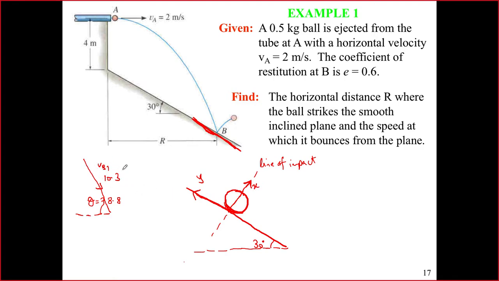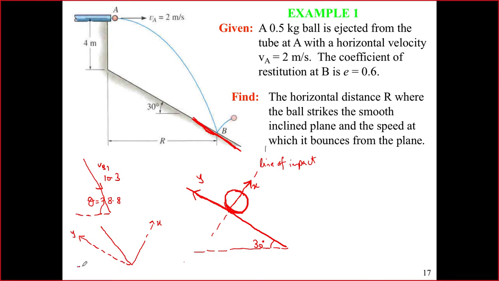I have this angle as before, but then this 30 degrees is along my y, the direction of my y coordinate. So this is my y direction and this one is my x direction.